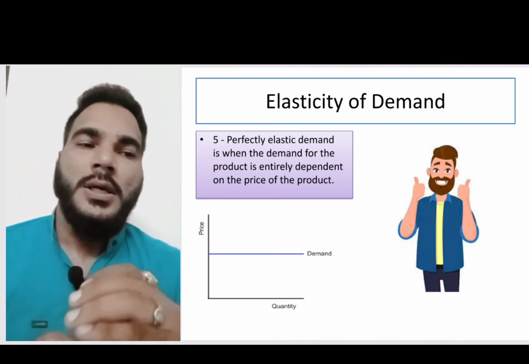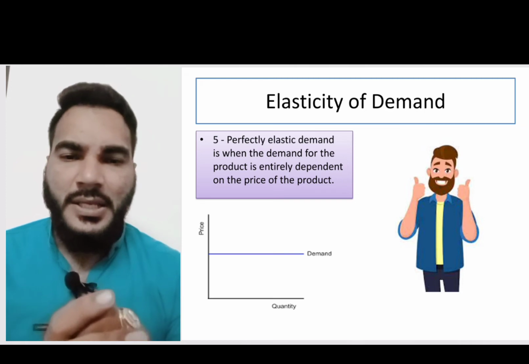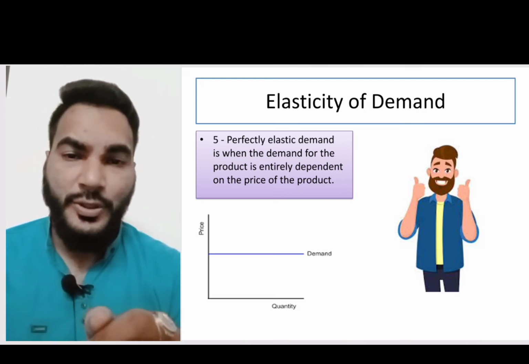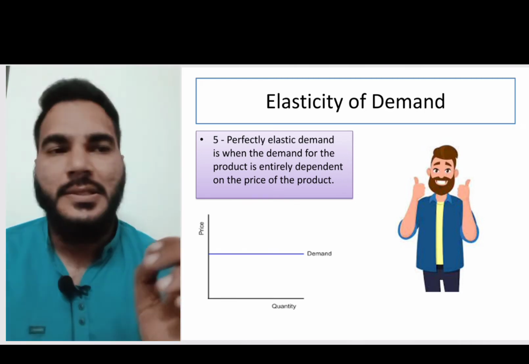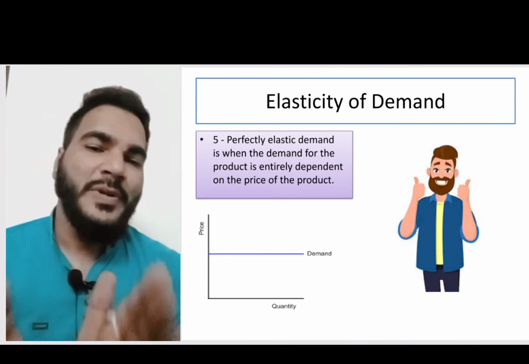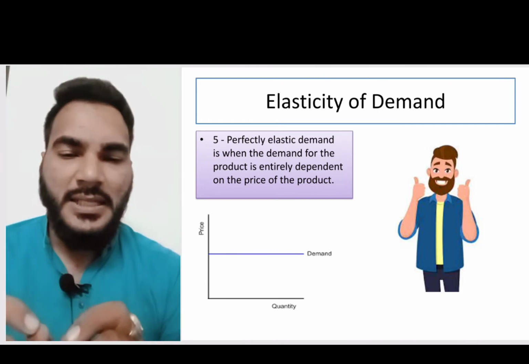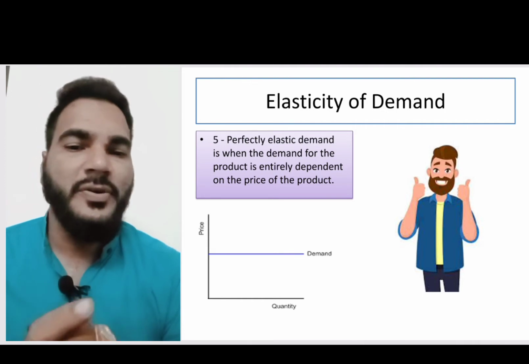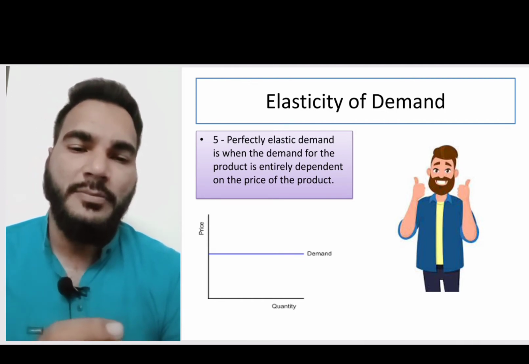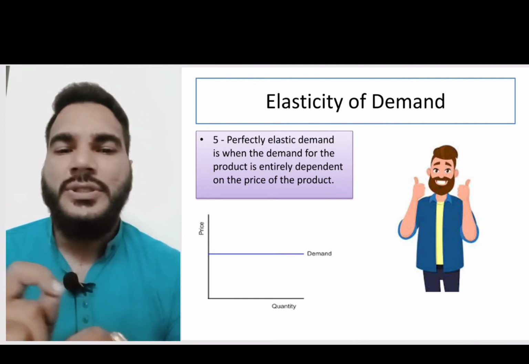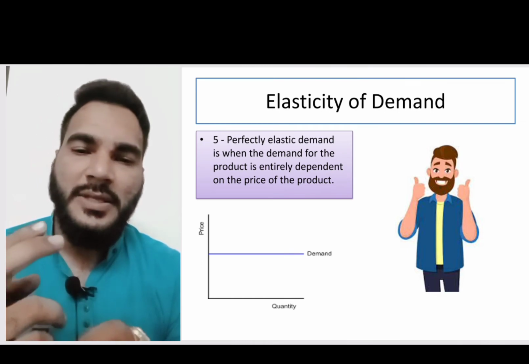There could be many reasons, for example population: if population increases, the demand increases but the price remains the same. So these are the 5 types of elasticity of demand, and that's very important for your exams. Whenever you see any question about the elasticity of demand, there are these 5 types.